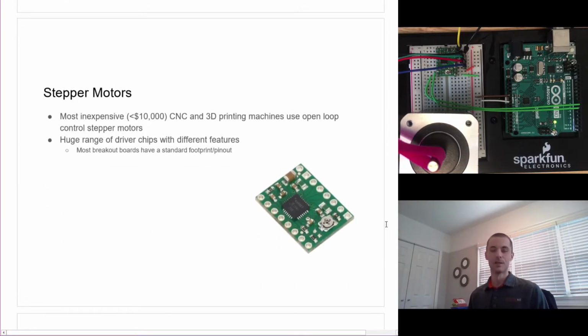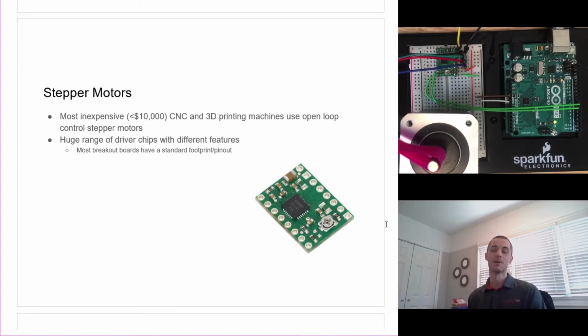But most of the inexpensive CNC or computer numerical control devices that you've seen, I can group most of you into a much younger age group than I am. But as you've grown up, there have been more and more of these machines, starting with 3D printers, around the 2005 and onward time frame.